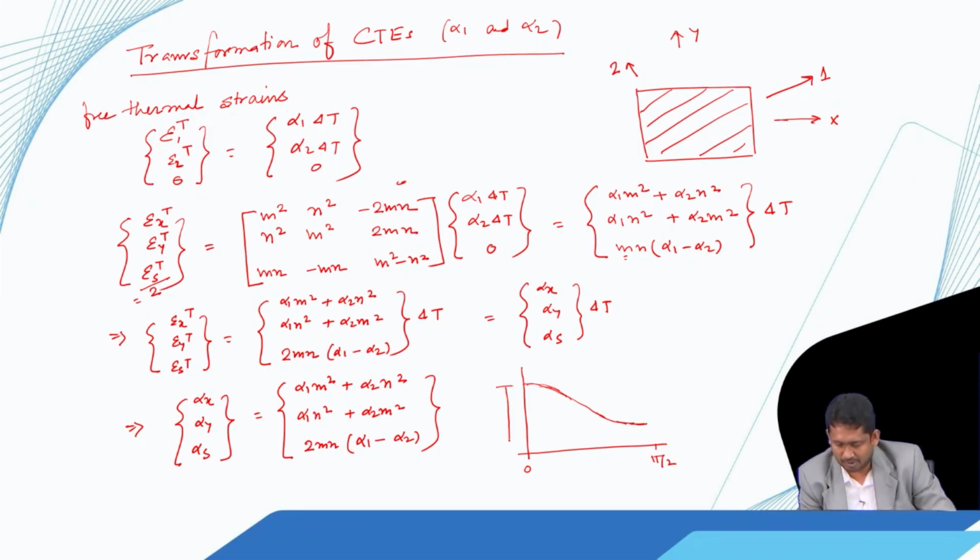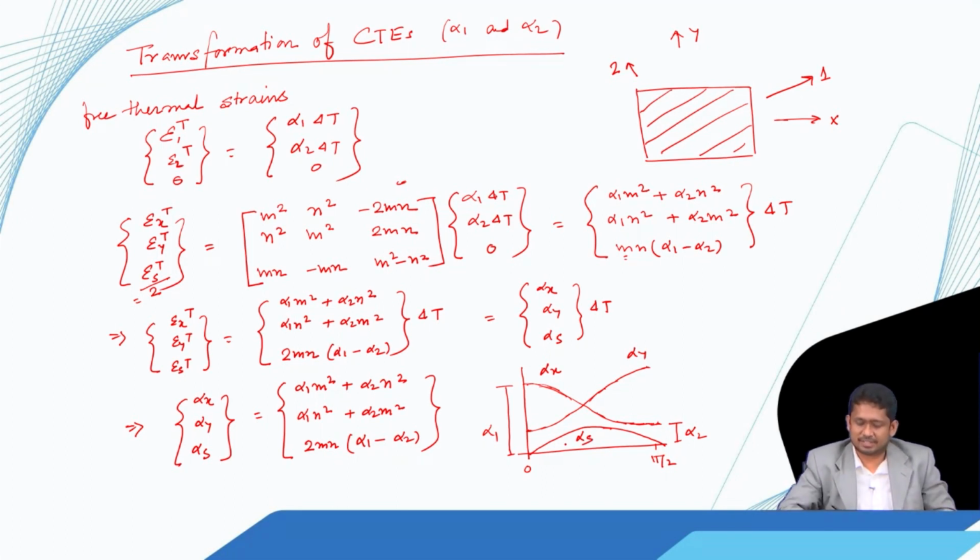So, this is alpha 1, and then just the opposite plot is for alpha 2, and in between them we have alpha x, alpha y, and this is alpha s.